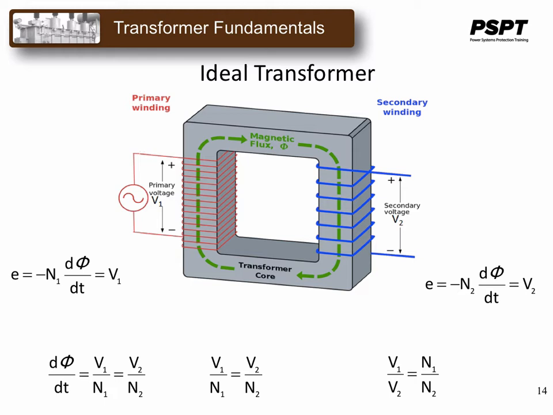Or V1 over V2 is equal to N1 over N2. So this ratio, N1 to N2, is known as the turns ratio of the transformer. It can also be designated by the primary voltage over the secondary voltage. They're both equal, so they both are a measure of the turns ratio of the transformer.